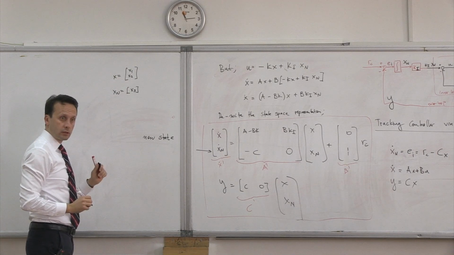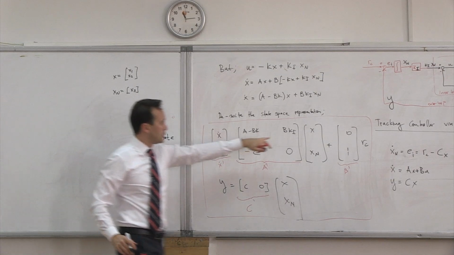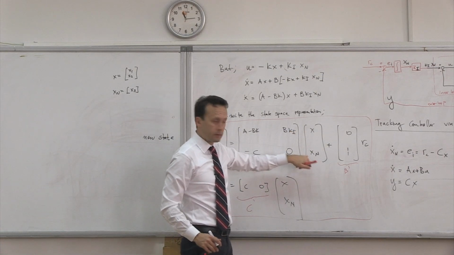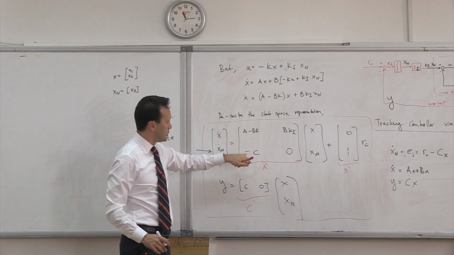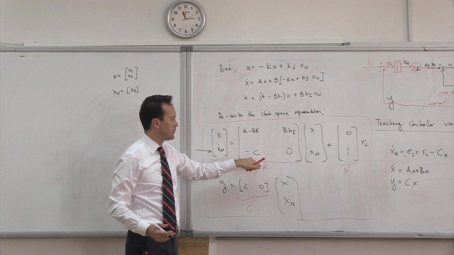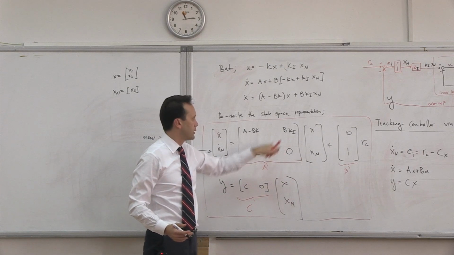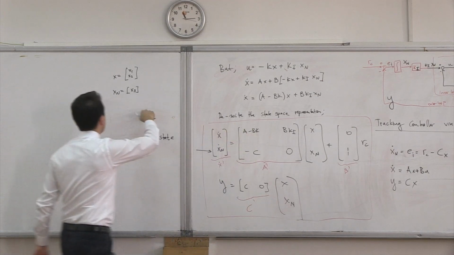Not the same dimensions. So what's going to happen? You will have 1, 2, 3, 1, 2, 3. Because you have the A matrix, this will be a 2 by 2, and this will be whatever it is, and here you will have 0 anyway. So then this will be a 3 by 3, as an example.